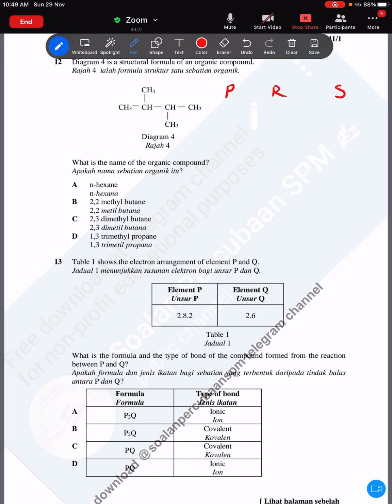Do you still remember my carbon compound formula? The one on alkane, alkene, alcohol, carboxylic acid, ester: meth, eth, prop, but, pent, hex, hept, oct, non, dec; CnH2n+2, CnH2n, CnH2n+1OH, CnH2n+1COOH, CnH2n+1COOCnH2n+1. Remember, you must remember this formula.